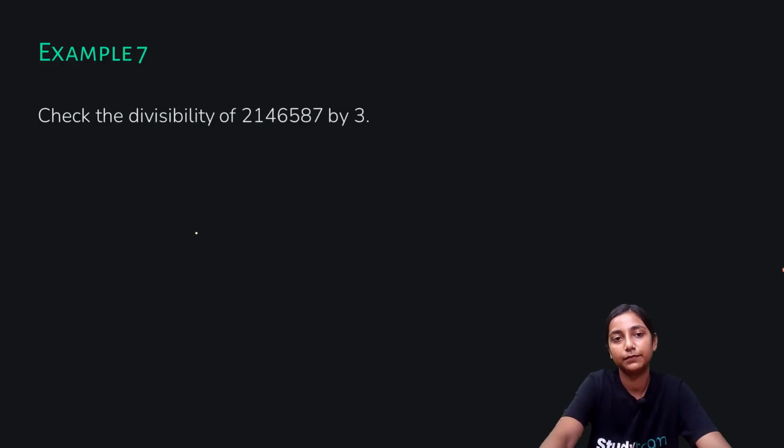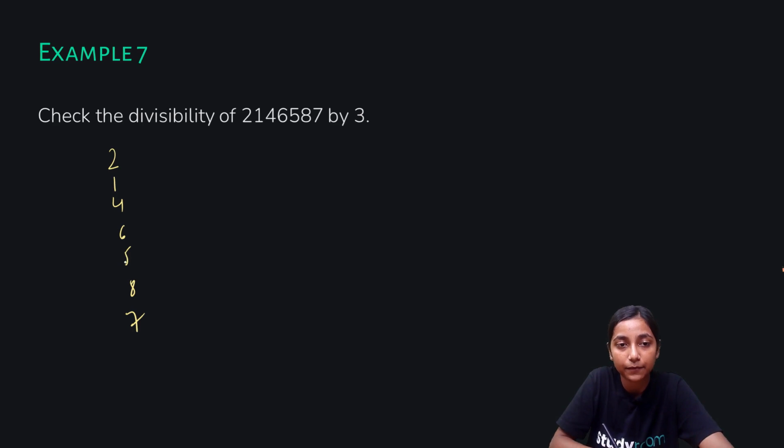Now we need to check the divisibility of this whole number by 3. In example number 7, we know that for checking the divisibility by 3, again we need to do the sum of all the digits. If that sum is divisible by 3, that number will also be divisible by 3. So what is its sum? 2, 1, 4, 6, 5, 8 and 7.